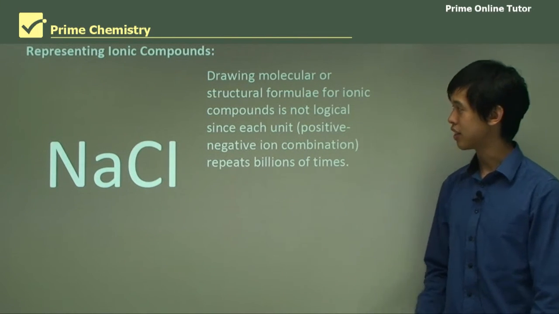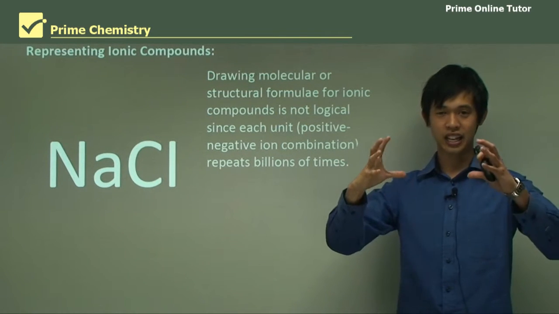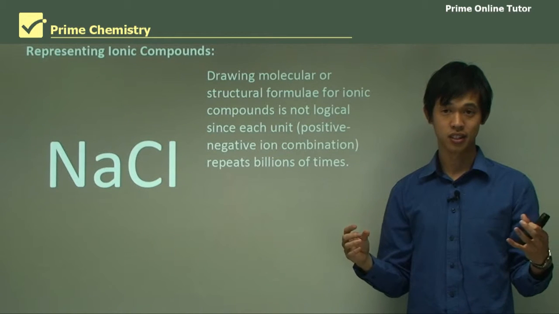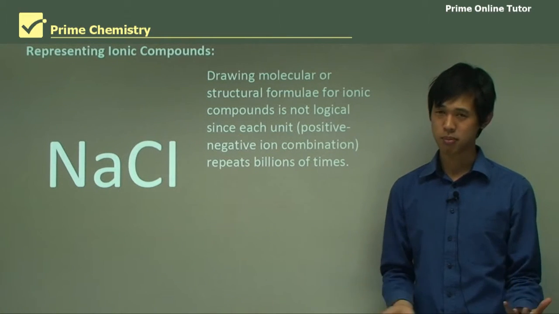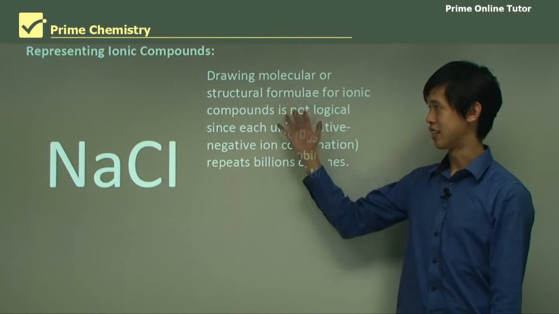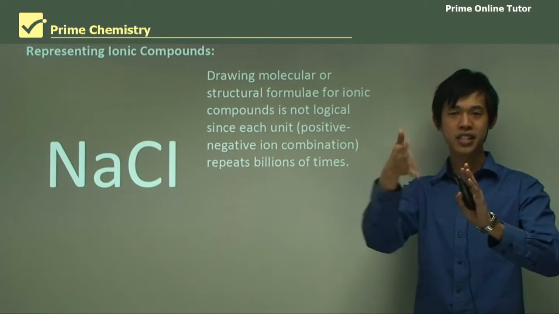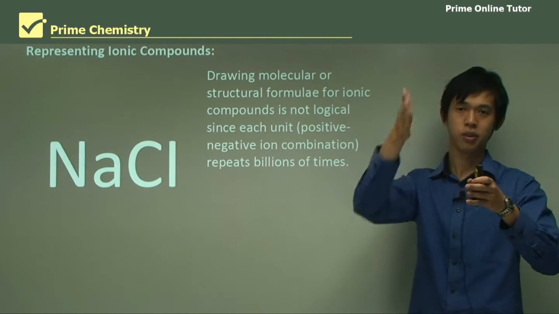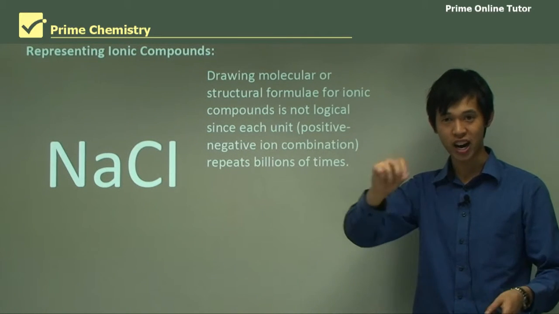And if you imagine that a crystal could have billions of little ions inside it, then it becomes really, really impractical to draw it in these forms. And the fact is that it repeats anyway. You see always sodium chloride, sodium chloride, sodium chloride. So it'd just be monotonous to write each one.